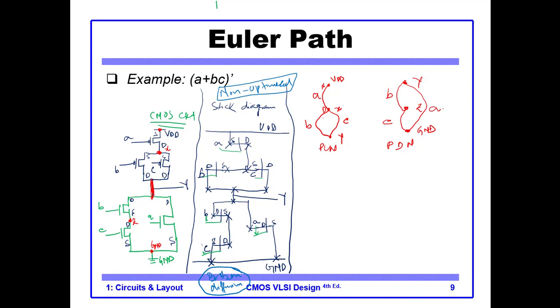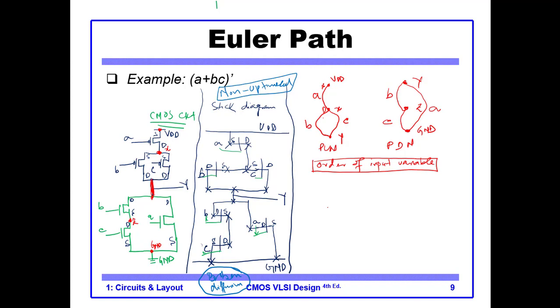The importance is this, that we need to find an order of input variables, and this order will determine how we lay out our variables so that we have a minimum number of contact points and a minimum number of broken lines or diffusions.